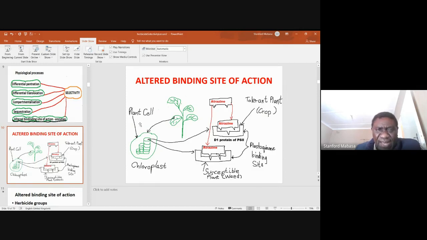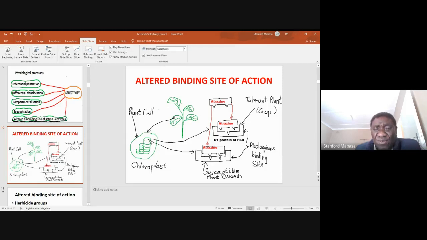Now, here I have displayed some diagrams showing the plant. If we cut the plant to the cell level, we can identify the chloroplast.